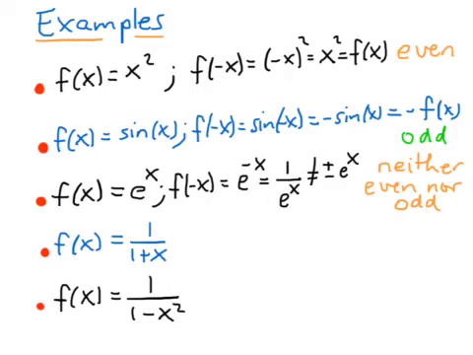Our next example is 1 over 1 plus x. Here our function evaluated at minus x is 1 over 1, and now we replace x by minus x, so we just have 1 over 1 minus x. And again, this is not the same as 1 over 1 plus x, and this is not the same as minus 1 over 1 plus x.